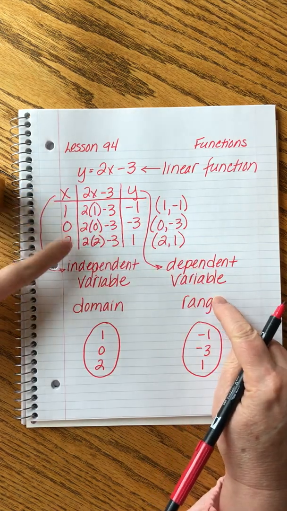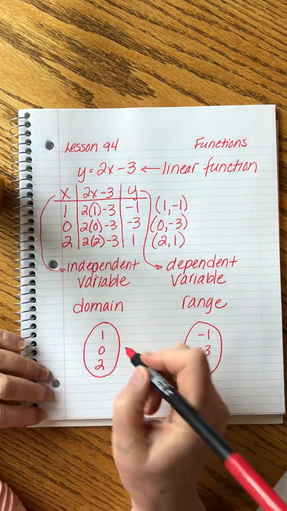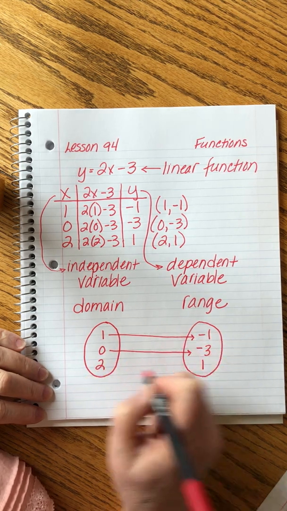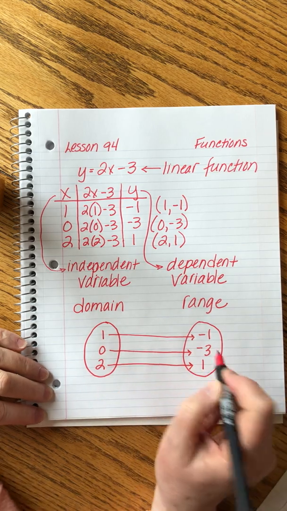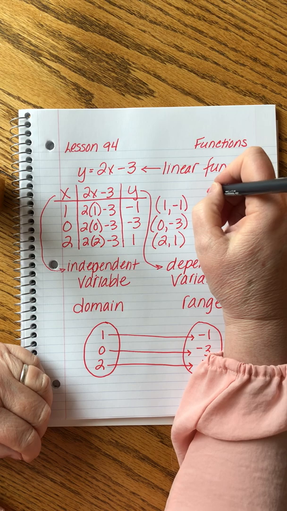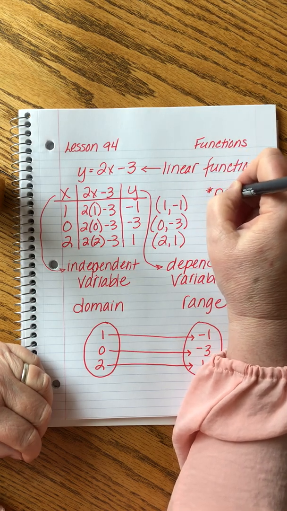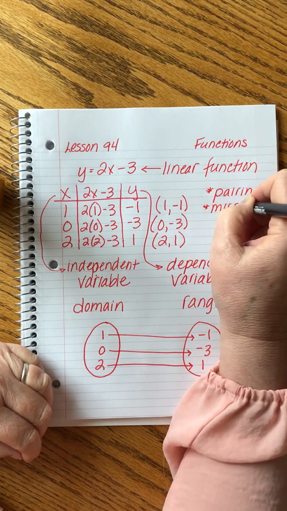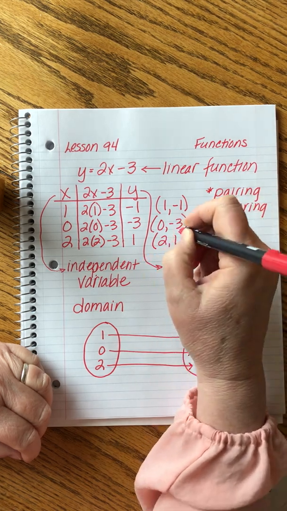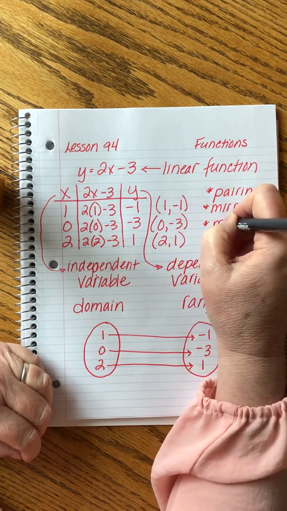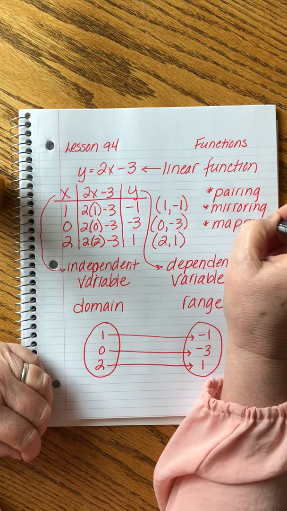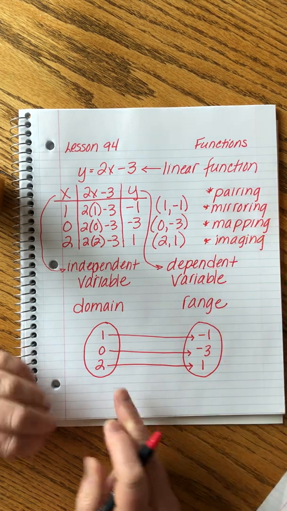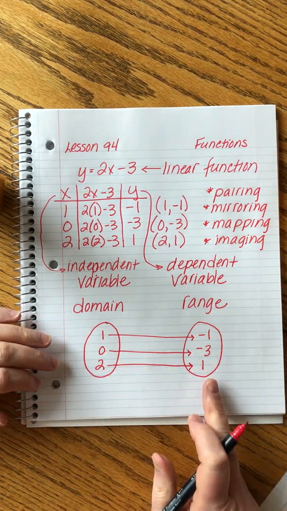I'm taking these numbers and these numbers, and we see that there's a connection. And there are different words we use to describe this when we're talking about functions. We call it a pairing, or a mirroring, or a mapping, or an imaging.